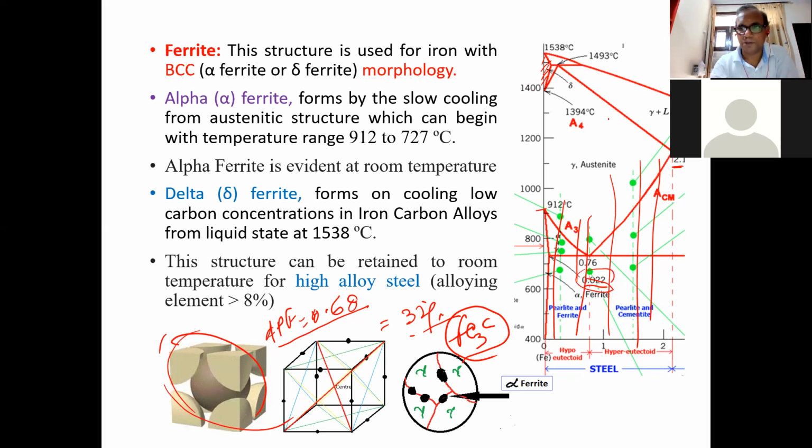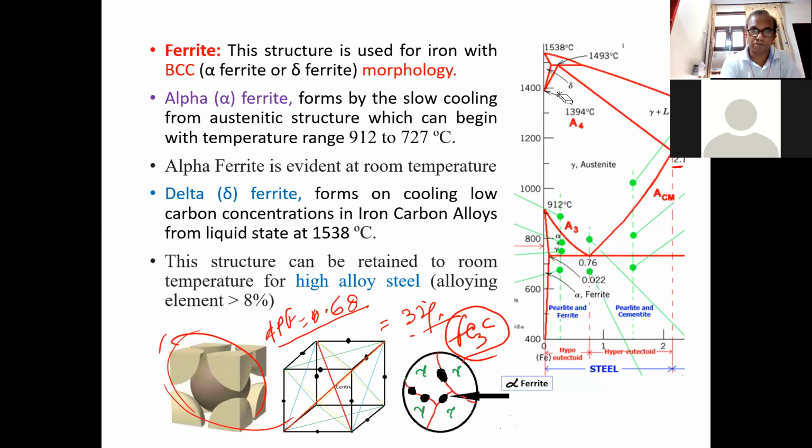This way we can understand how iron has its microstructure at various temperatures and concentrations, and how that structure can be evident at room temperature.